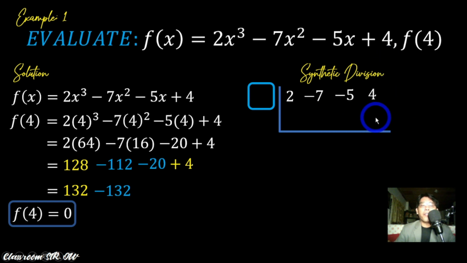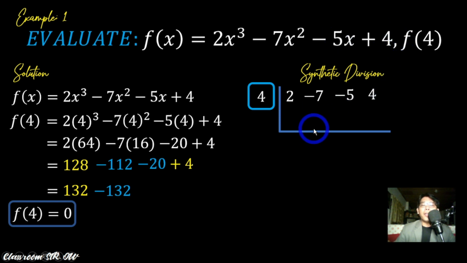After identifying the coefficients, we will now have the divisor. The divisor is actually the value of our x, which is 4. By the way, before I continue, if you have not mastered synthetic division, there is a link up here, upper right. You can click this one first and try to study what synthetic division is.